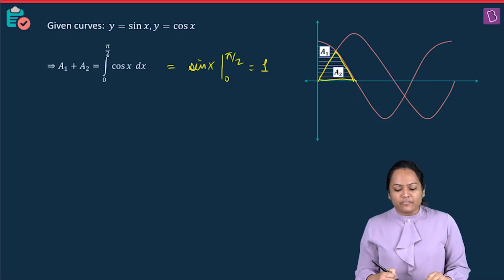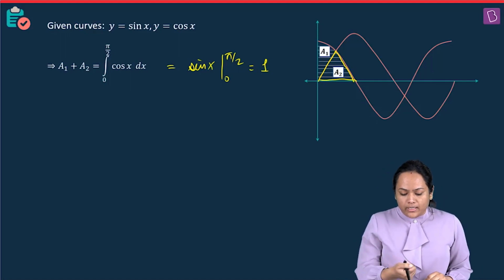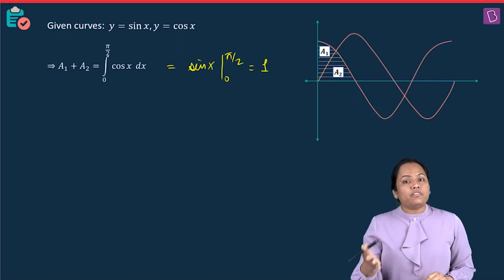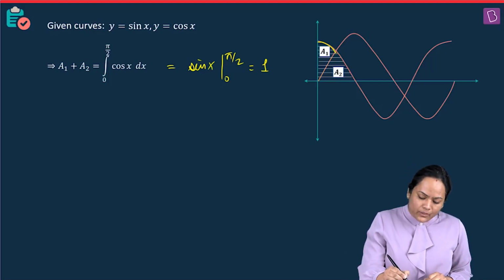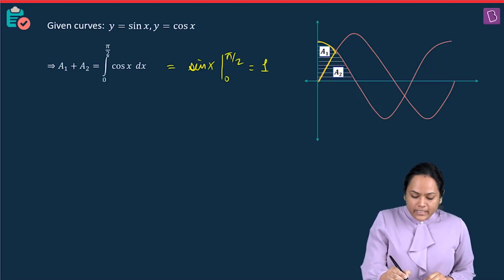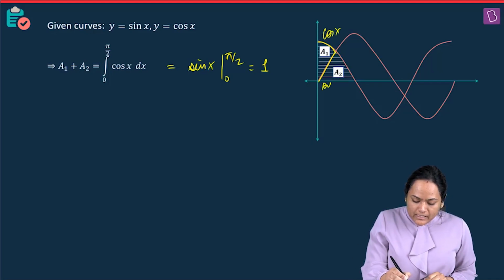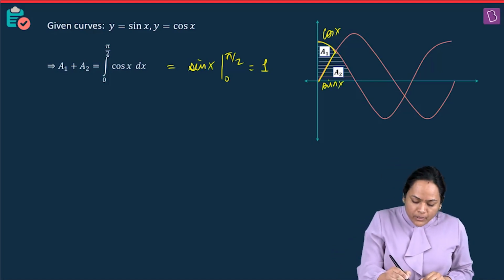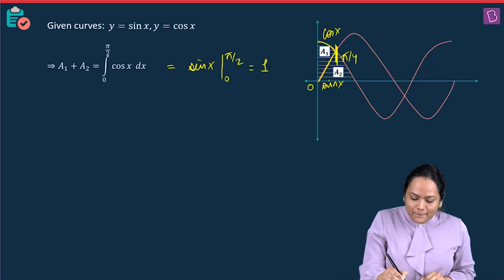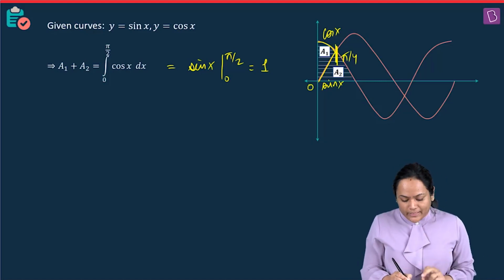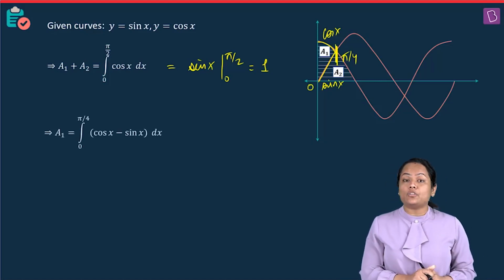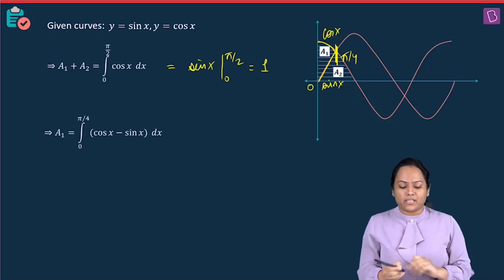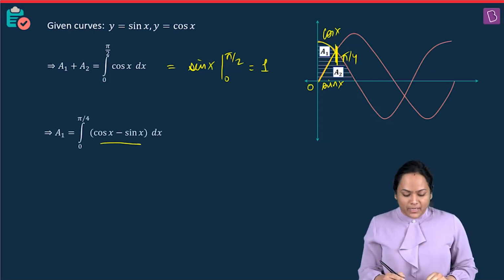So instead of finding A2, I can find A1, which will be integration of cos minus sine, because it's basically upper curve minus lower curve between the limits 0 to this value, which is pi by 4. So I can quickly write my A1 value, which is integration of 0 to pi by 4, upper curve minus lower curve, that is cos x minus sin x.